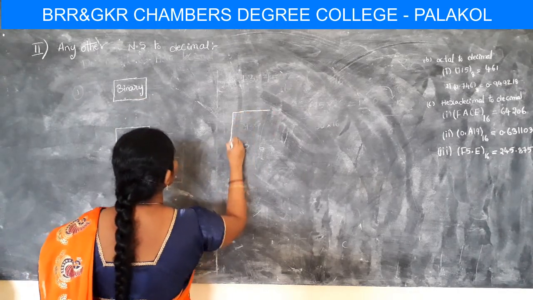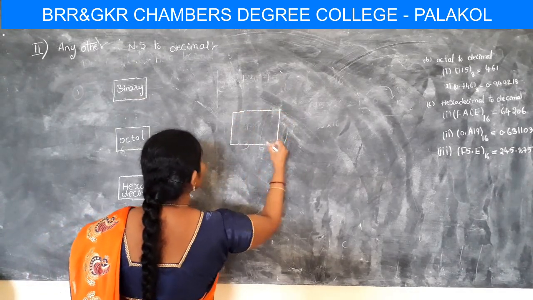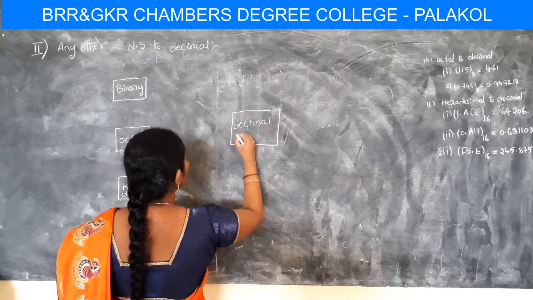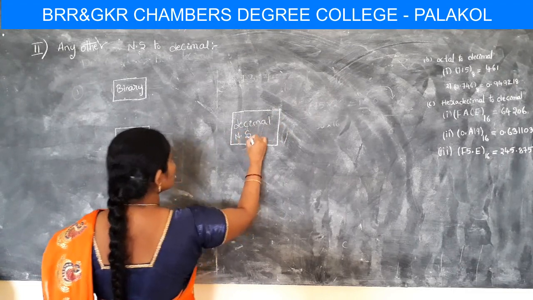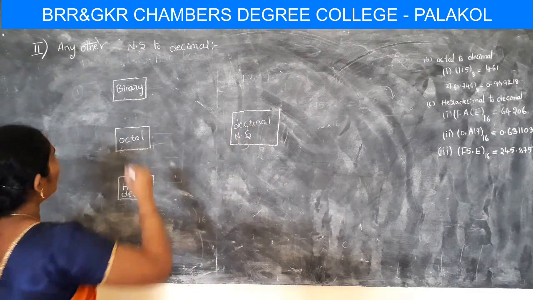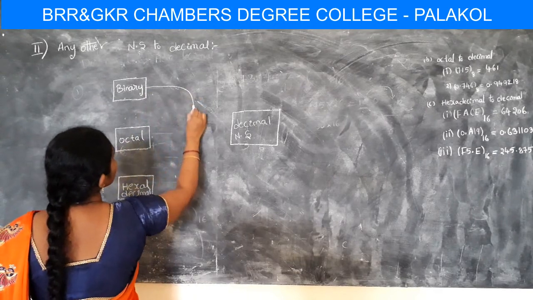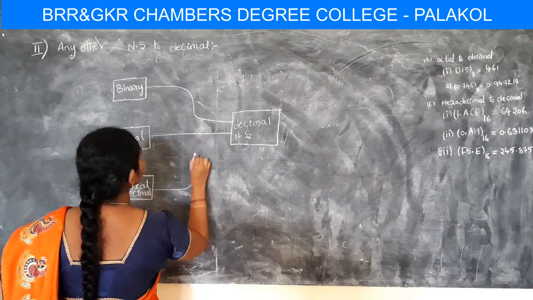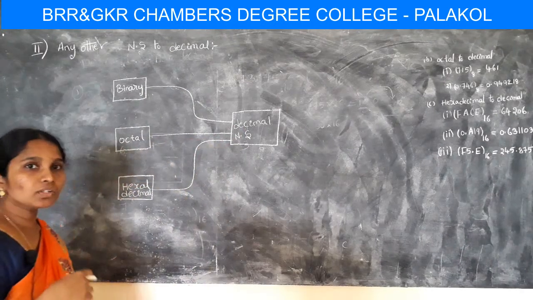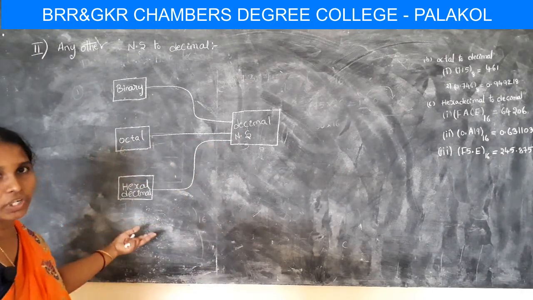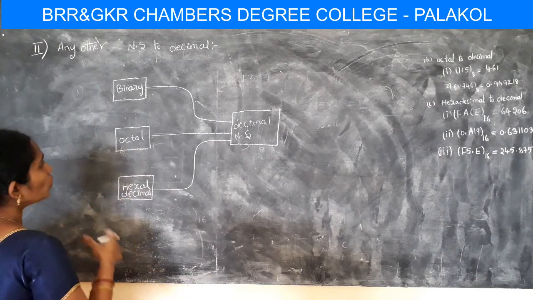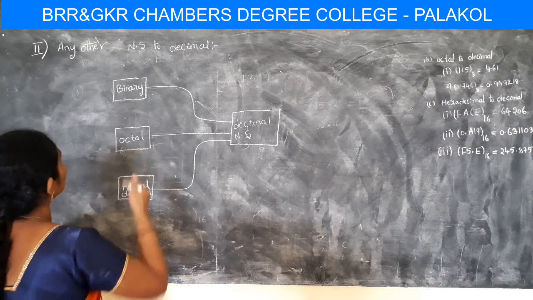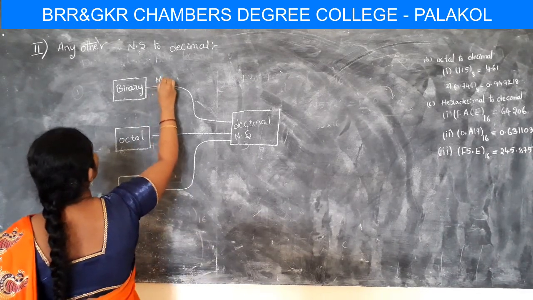So this is the decimal number system. Okay. So what is the operation? You have to multiply with the weights of the number.